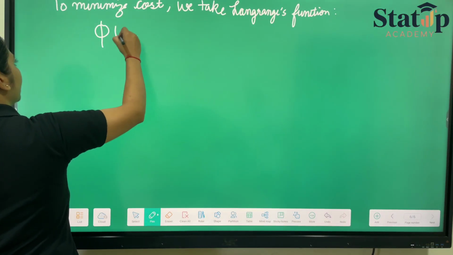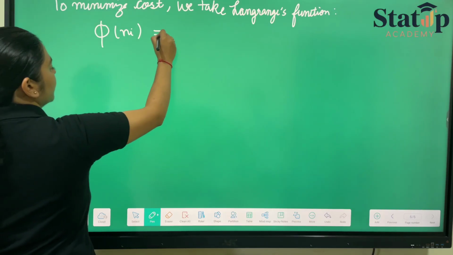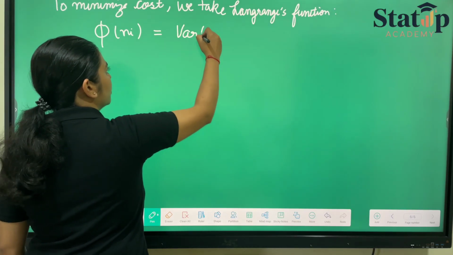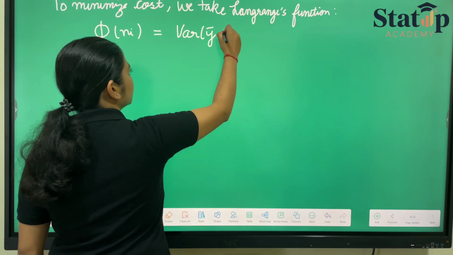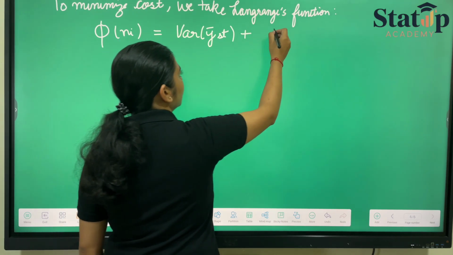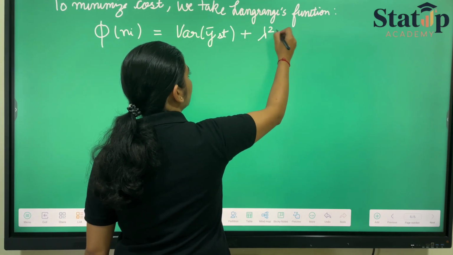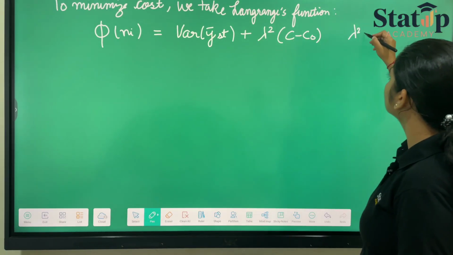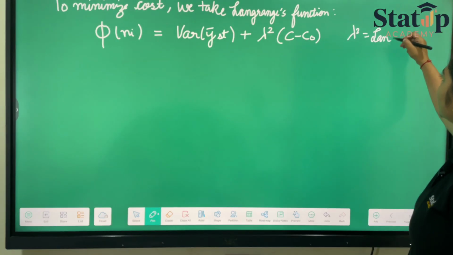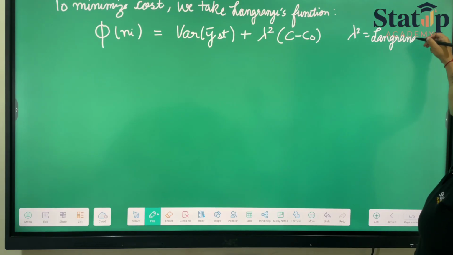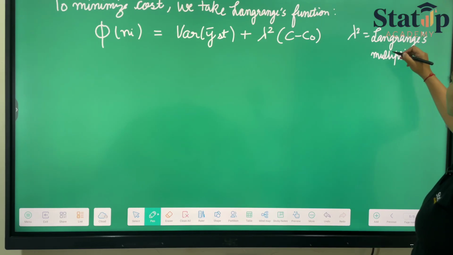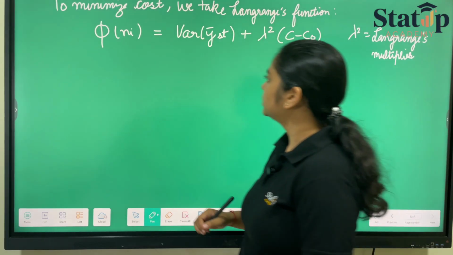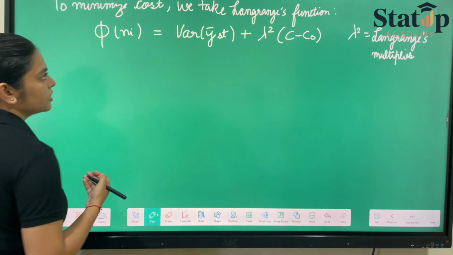Phi of ni is variance of y bar st plus lambda square times (C minus C naught), where lambda square is Lagrange's multiplier. This is the Lagrange function.